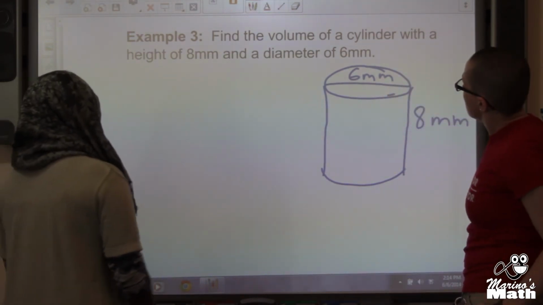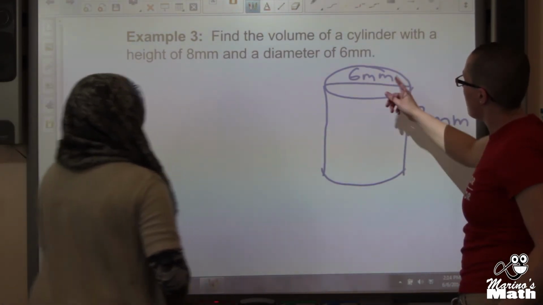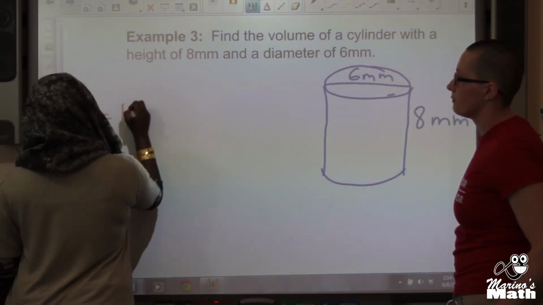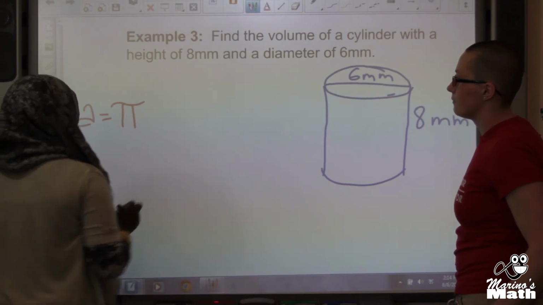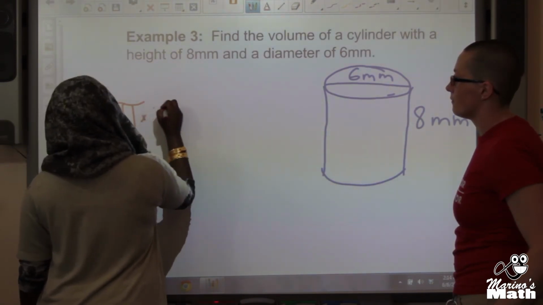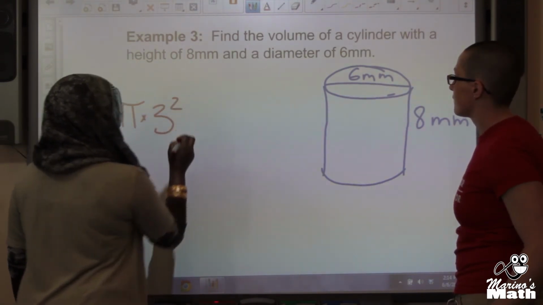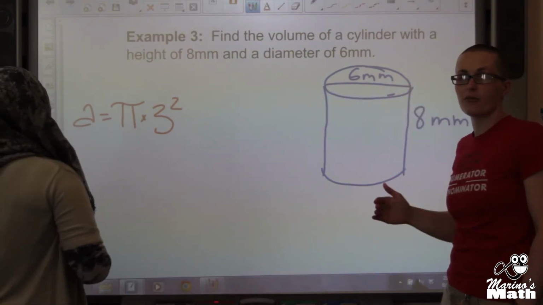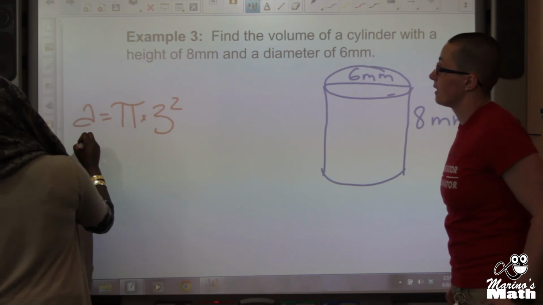Okay, so how can we find the area of this here circle? And again, the 3 came from taking the diameter of 6, cutting it in half because we need the radius.